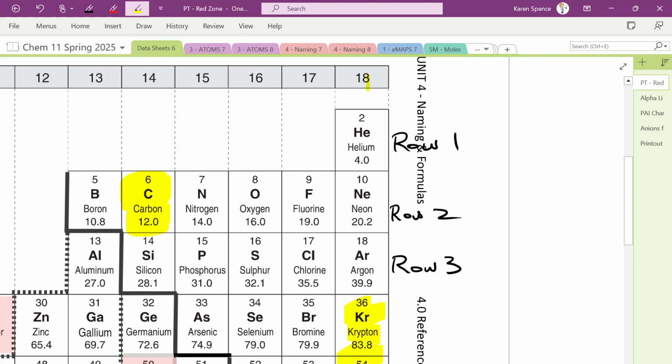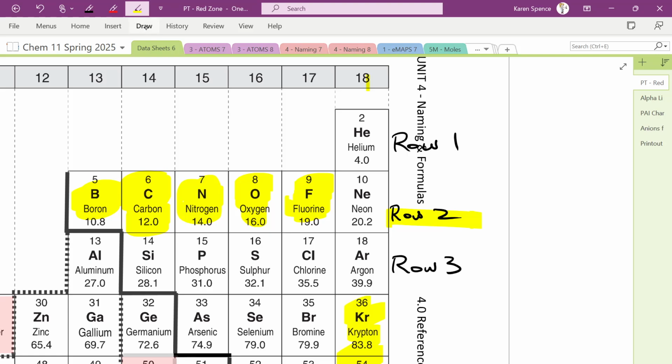Is that allowed? It's in row 2, so the answer is no. You have to be in row 3 or lower to have more than 8 electrons. So carbon is no, fluorine is no, nitrogen is no, oxygen is no, neither is boron. Okay, none of those can have more than 8 electrons.